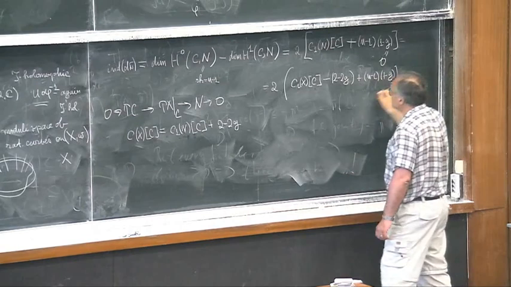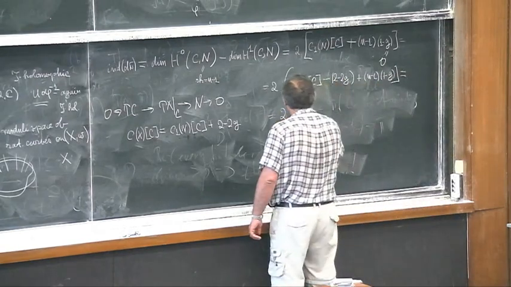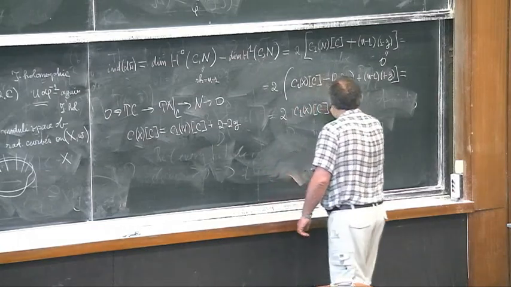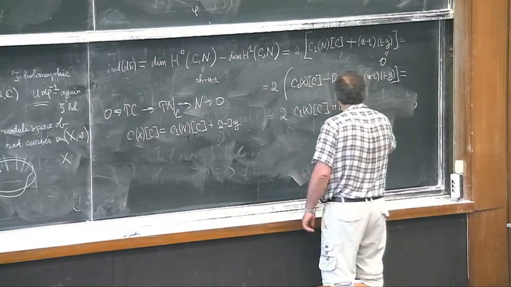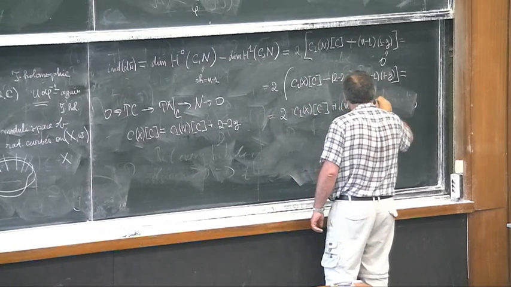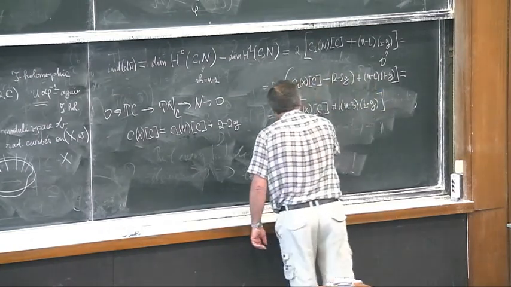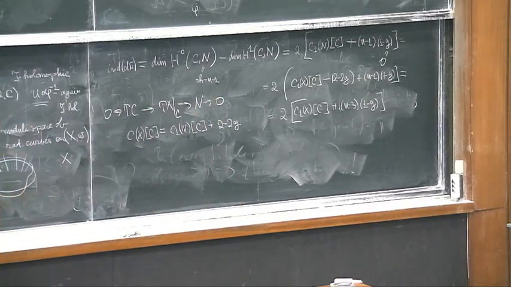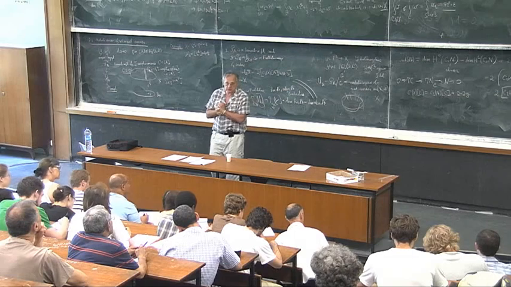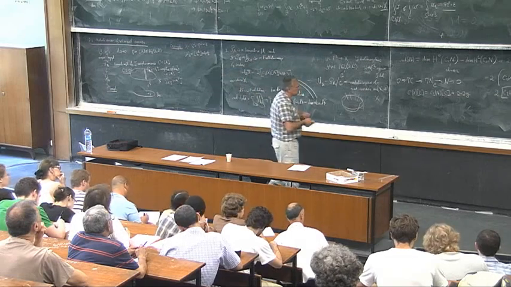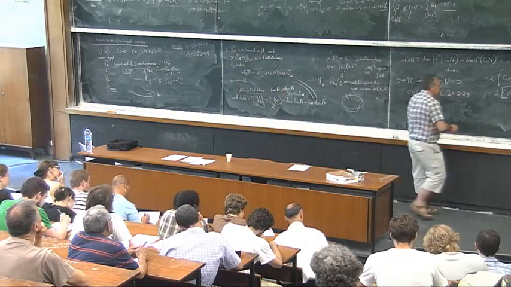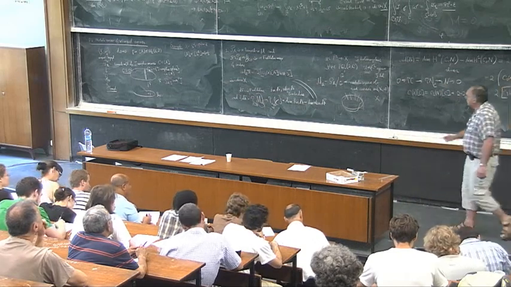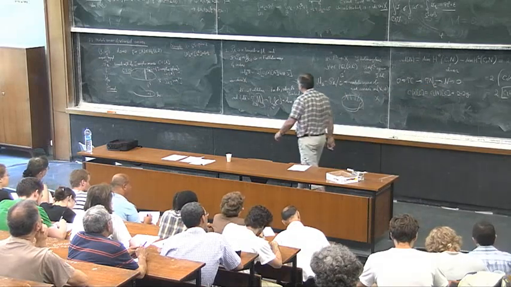So this is 2 times C1 of X on C plus (n minus 3) times (1 minus g). Now this is a general index formula for curves of any genus, in fact, for complex curves of any genus. So in our case, when we work with spheres, we get our formula from the very beginning.